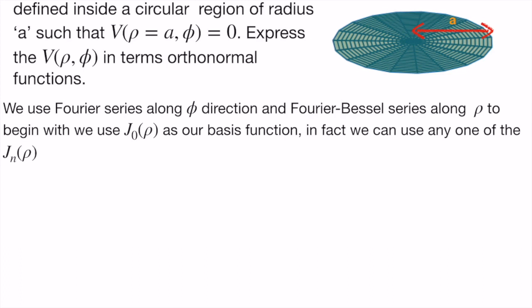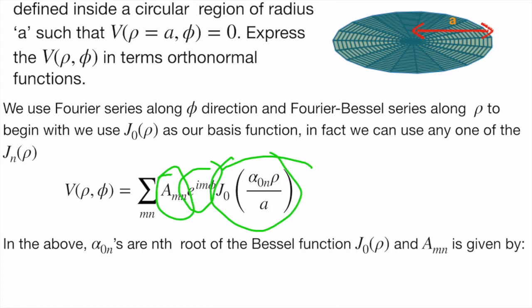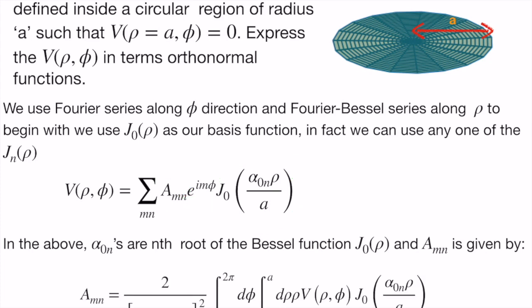We first use J0 as our preferred basis. In fact, we can replace J0 by any of the higher order Bessel functions. But let's see that in this case we write the function with two coefficients: the first one corresponds to the Fourier series and the second one corresponds to the Fourier-Bessel series. In the above, alpha 0n is the nth root of the Bessel function J0, and a_m can be computed with the standard formula.